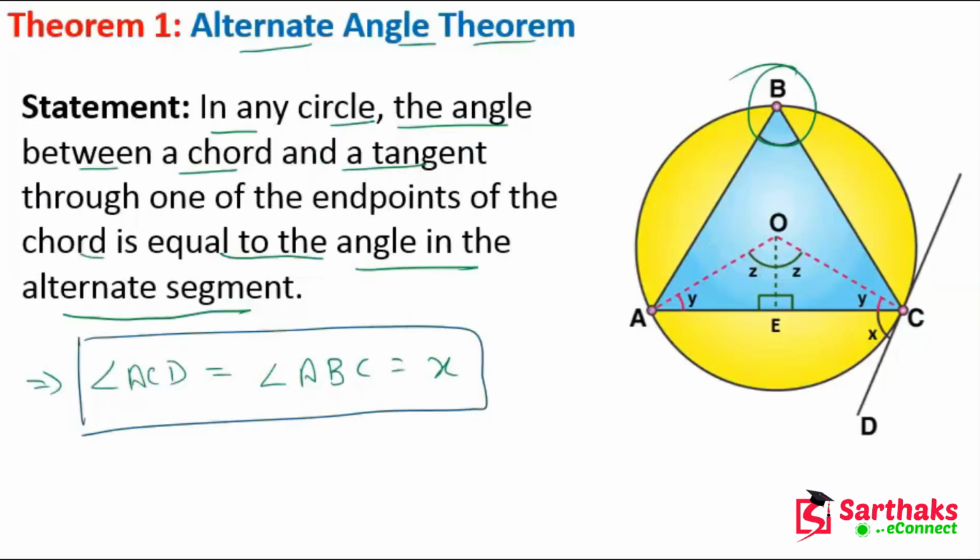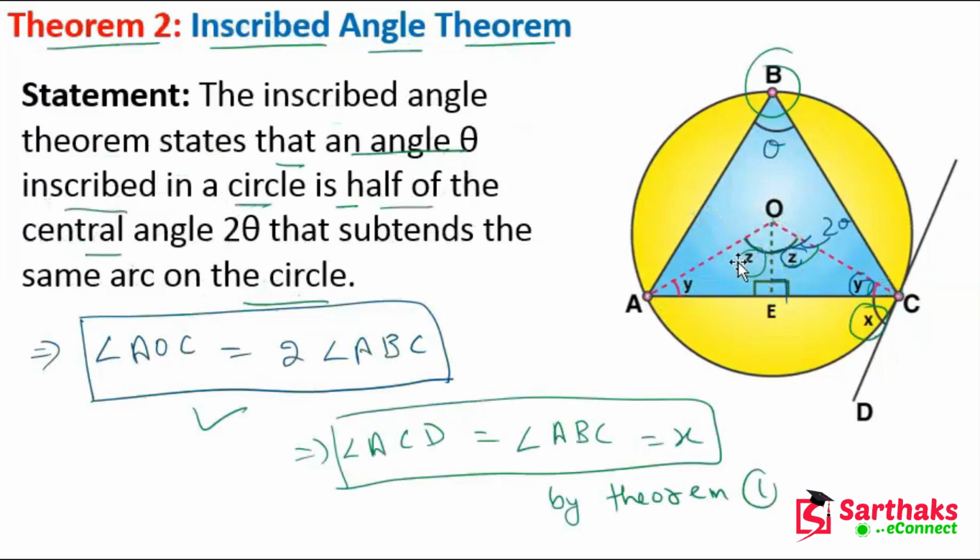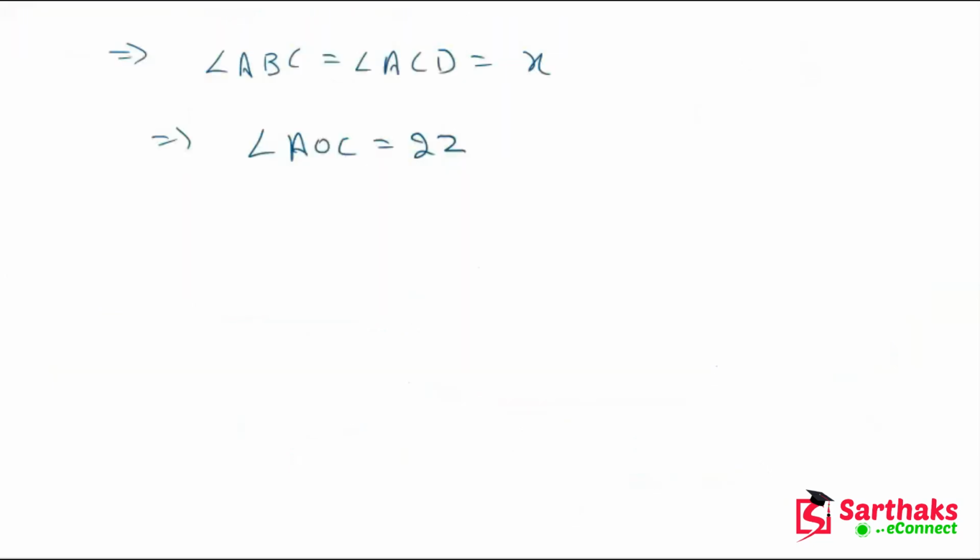So now we know that angle ABC is equal to angle ACD, which is equal to x. And therefore we can say angle AOC is equal to twice of z, since angle AOC is z plus z. So angle AOC is equal to twice of x, because we can write x in place of z.